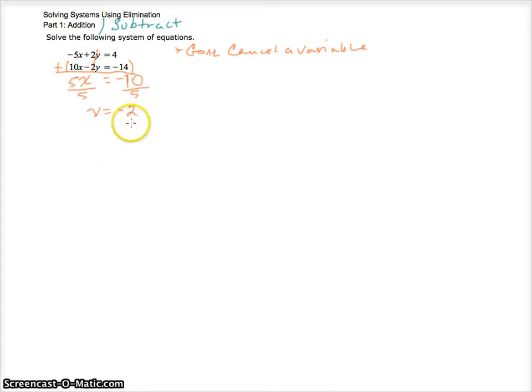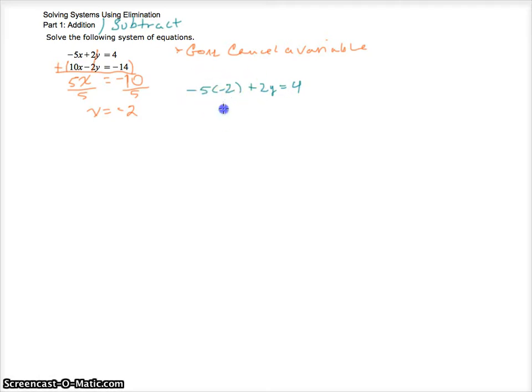Next, what I want to do is take that negative 2 and plug it in for x somewhere, wherever it seems easiest. So I'm going to go back up to negative 5x and plug it back in. So I have negative 5 times negative 2 plus 2y equals 4.